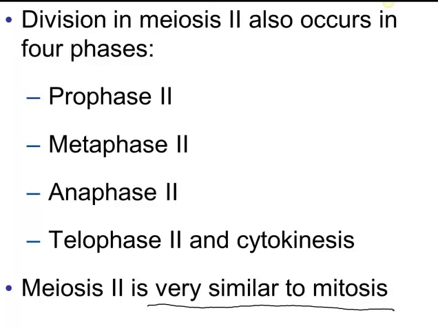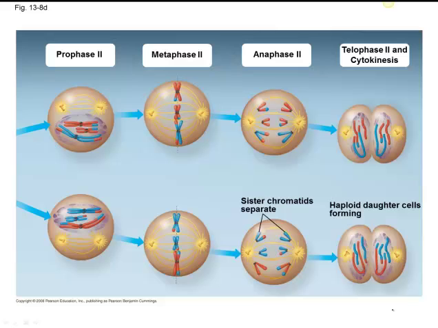So this is what happens in prophase 2. Now both the cells have 2 copies of 3. Okay, so they go through the same process of becoming prominent, arranging in the middle, getting pulled to the ends.